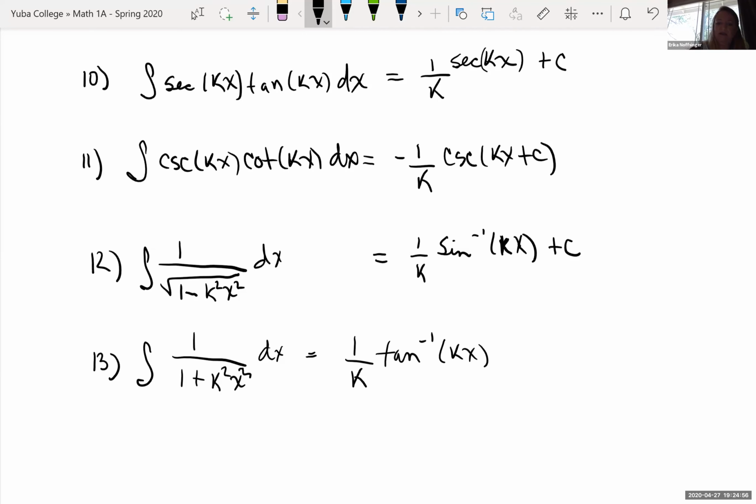So the antiderivative would be 1 over k tan inverse kx plus c. Was that x cubed? No, that's an x squared down here.